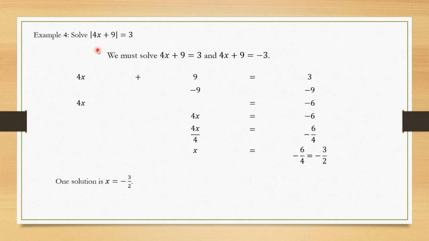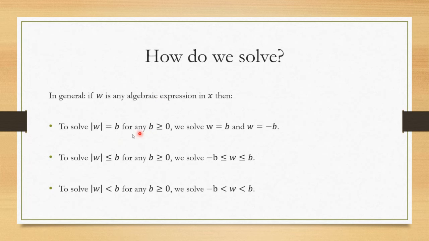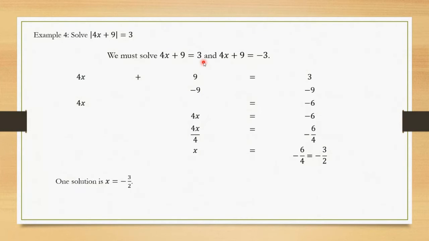We have the absolute value of 4x plus 9 equal to 3, right? Okay, so from here, using the first idea, we solve this equation and this equation, this and this. So we have to solve this equation when it's equal to 3 and when it's equal to negative 3.